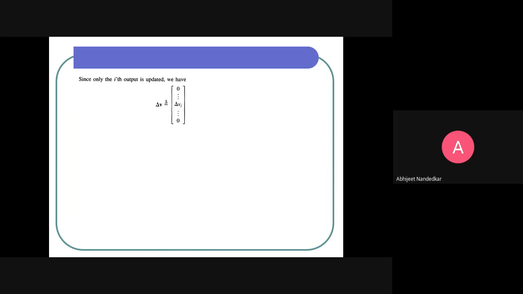So only if I change the ith output, then only the ith neuron is allowed to change its output.